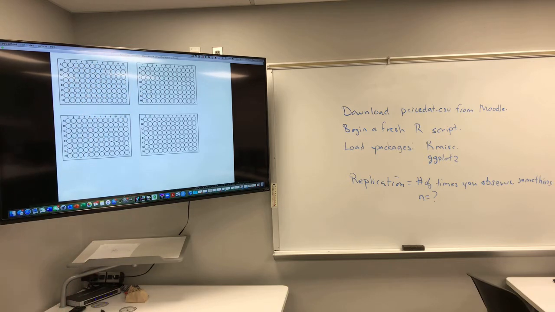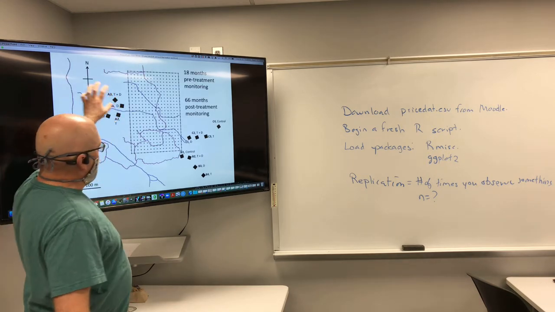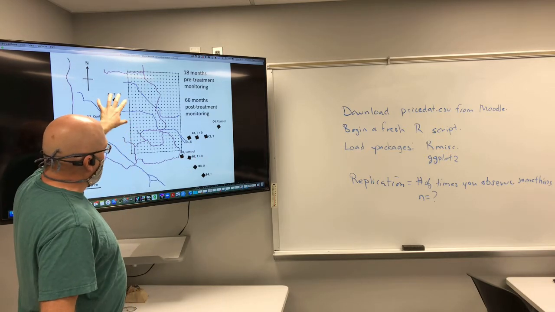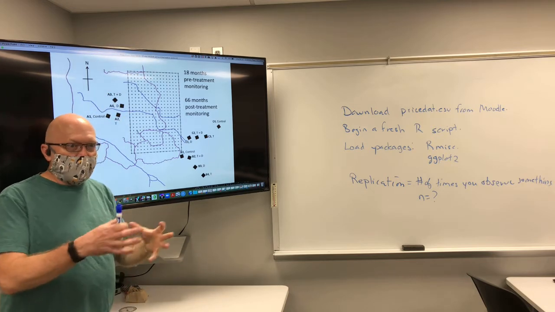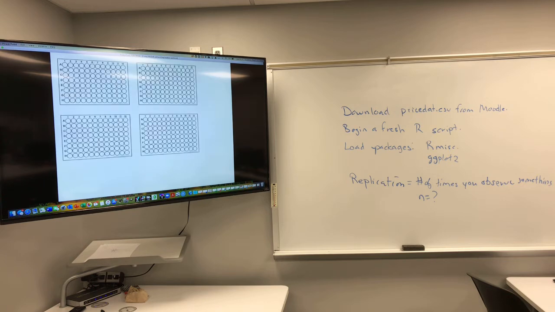It has nothing to do with what your experiment is. This then becomes a block in the same way that these are blocks. What may be happening here may be different than what's happening here. So by creating a block of observations here, we can isolate that block variation that is due not to any of the treatments that we're applying to those spaces, but just simply due to, in this case, topographical variation.